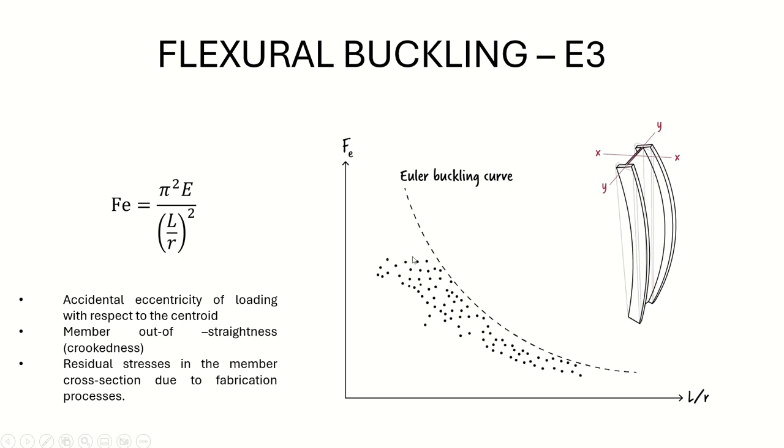The columns are not represented by the curve in this part of the slenderness. So the main reason for that is that in this zone you will have a plastic behavior, which is influenced by the yield stress.